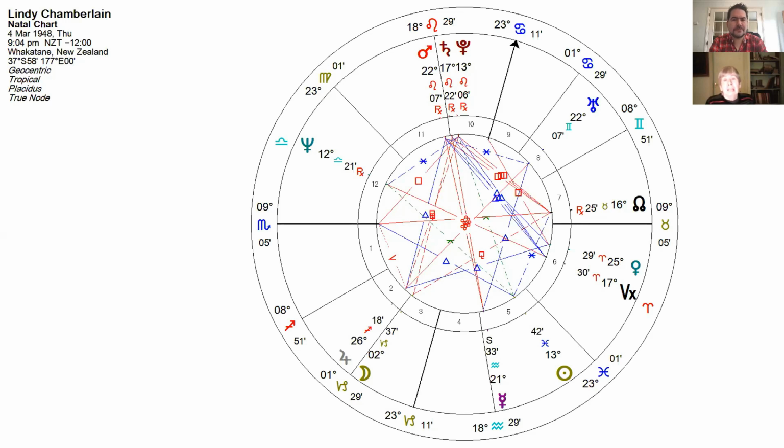Okay, so here I have my chart. I have Lindy sitting opposite me. We have no idea what's going to happen to the poor woman. So the first thing I would look at, obviously when calculating it, I had registered that she is a Sun sign Pisces and a Scorpio ascendant with the Moon in Capricorn, the 3 basics.